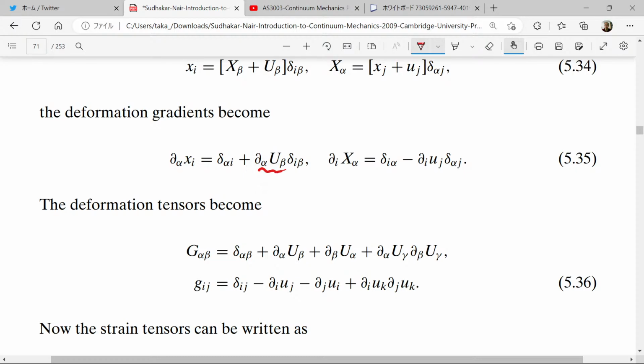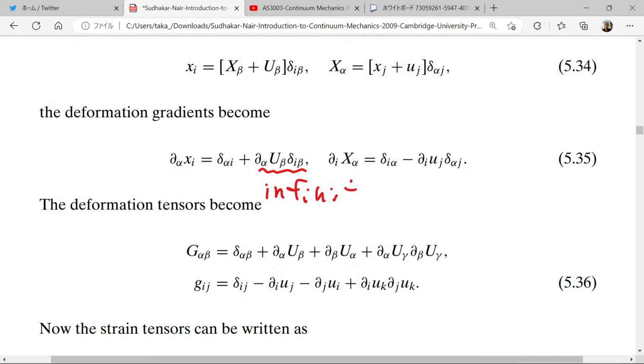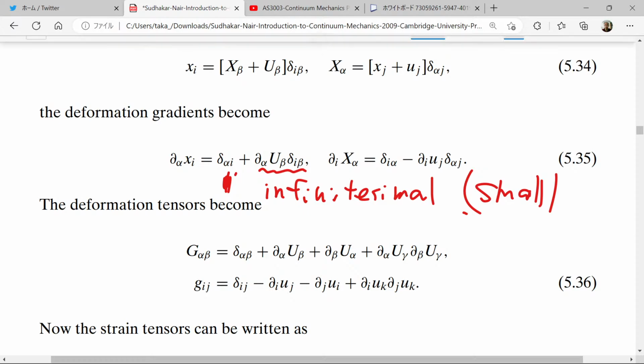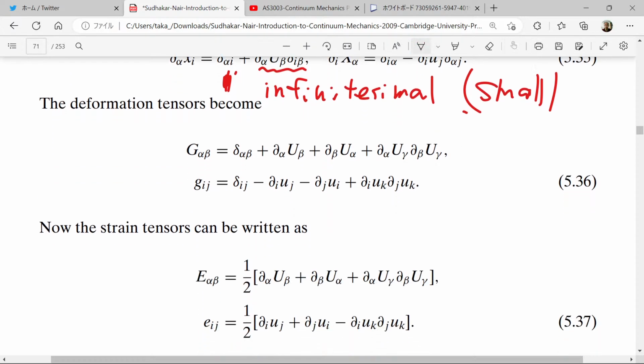Okay, this is infinitesimal. Infinitesimal means small. So there is a leading term which is 1.